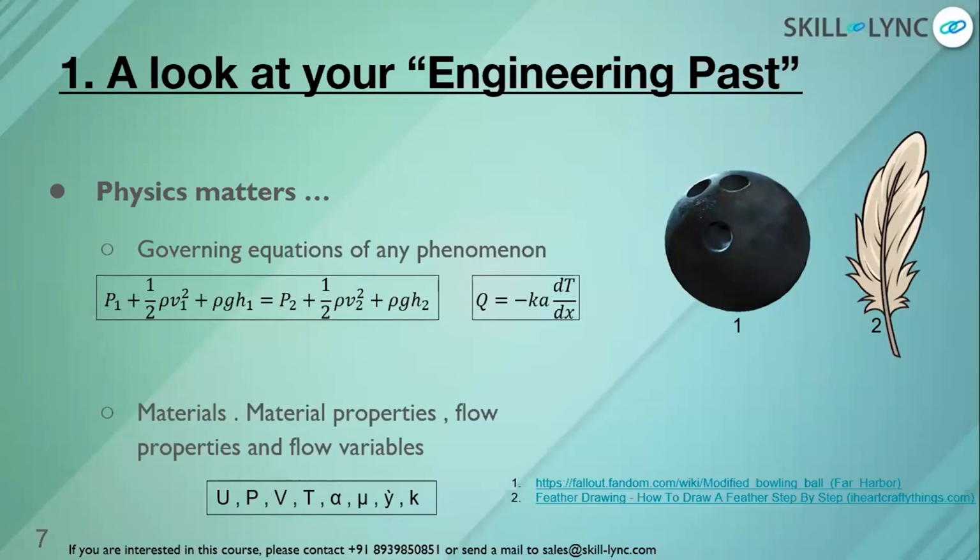You might have even derived some of them. These are essentially phenomena that are occurring in nature. Some scientists have analyzed them and given a mathematical formulation for them. This mathematical formulation is what you see as governing equations.